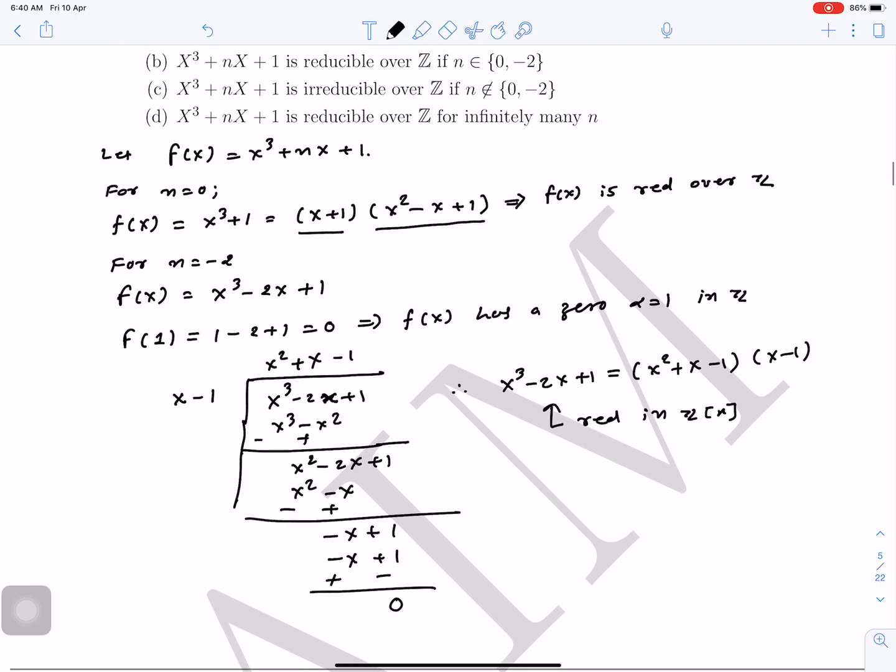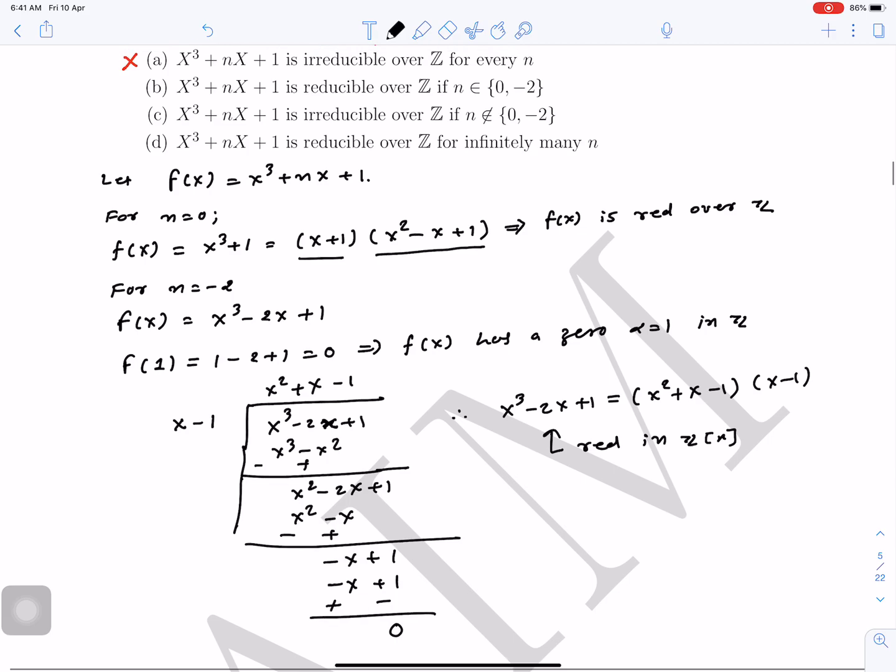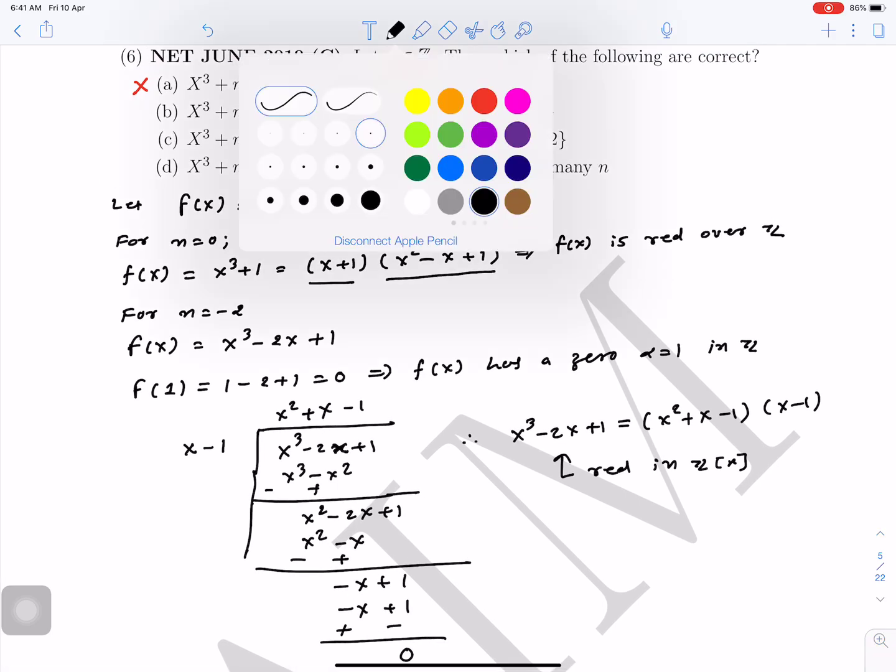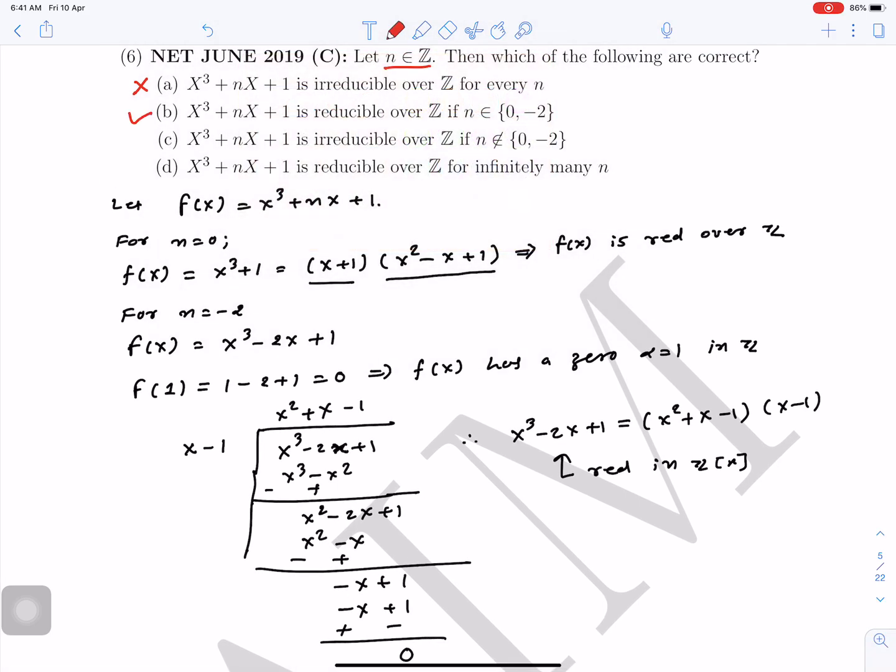So for n equal to minus 2 it is reducible. For n equal to 0 f(x) is also reducible. So option B is correct. Now option C says that x cube plus nx plus 1 is irreducible over Z if n is not 0 or minus 2.